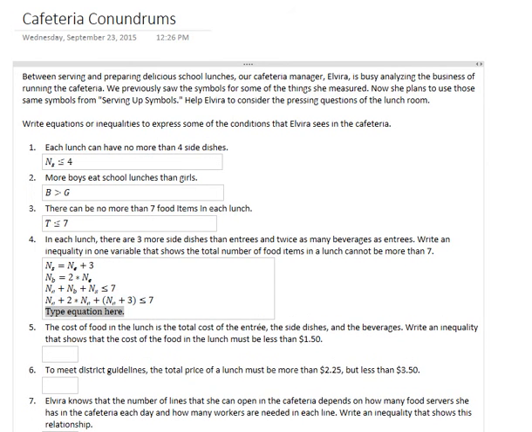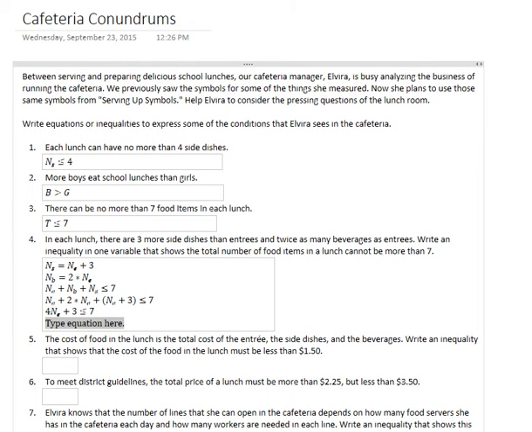I do want to go through the process of simplifying this down a little bit. When I start combining my like terms, I count 1, 2, 3, 4 entrees, plus 3 is less than or equal to 7. I want to get the number of entrees by itself. I want to figure out how many entrees we can have under our current system. So, if we subtract 3 from both sides, we have 4 entrees less than or equal to 4.